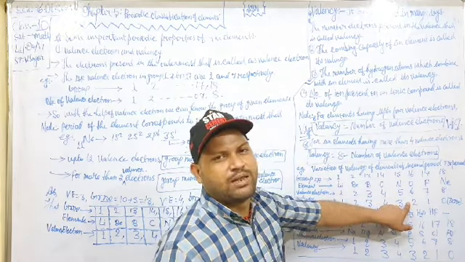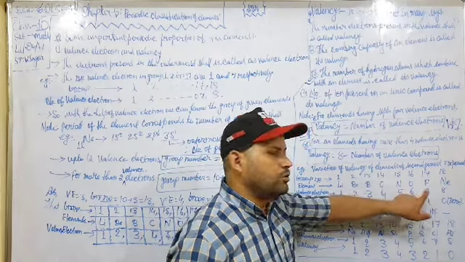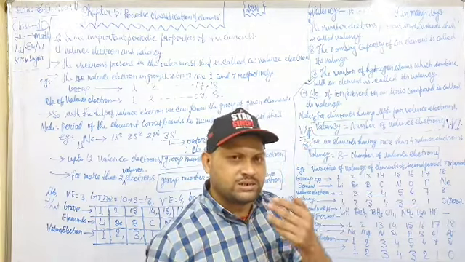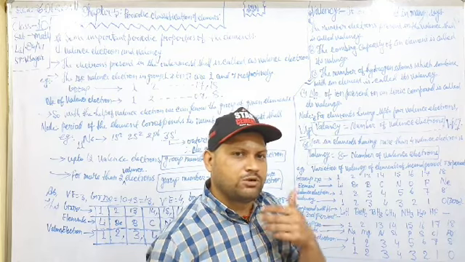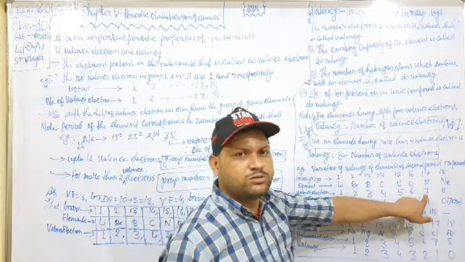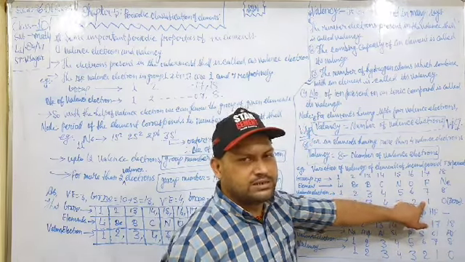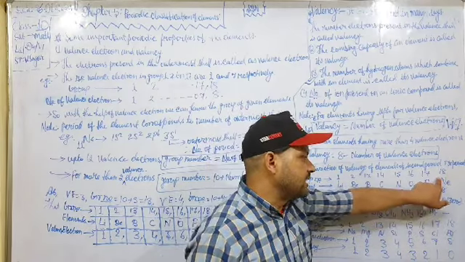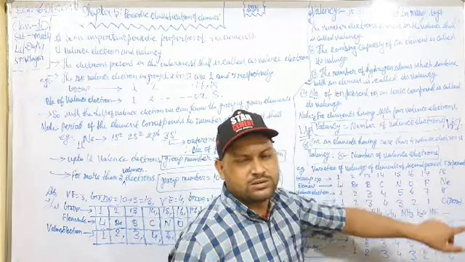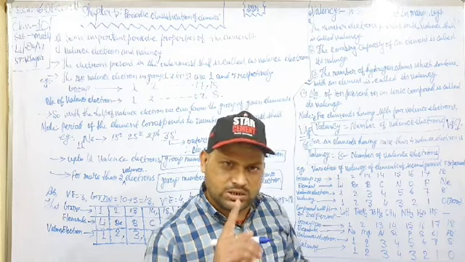In the same way, the valency of fluorine is 1, the valency of chlorine is 1. Why? Because 7 is subtracted from 8, so valency is 1. And the valency of neon, an inert gas, we all know the valency of an inert gas is equal to 0.